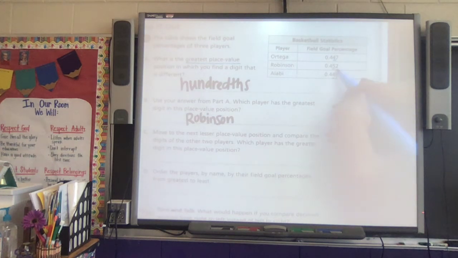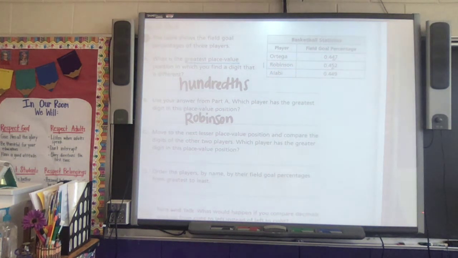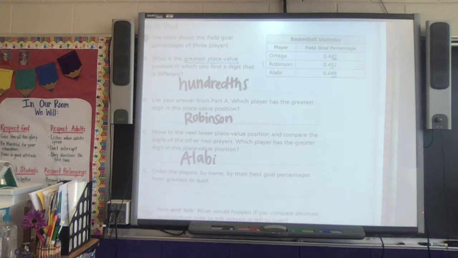So we know right now that Robinson is number 1. His is the greatest. These had the same. They both had 4. So then we have to look again, look down. And then Ortega is 47. Alibi is 49. Which player has the greater? Well, I think it's Alibi. Alibi is going to be the greatest.